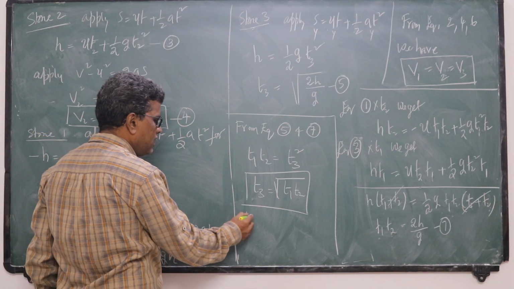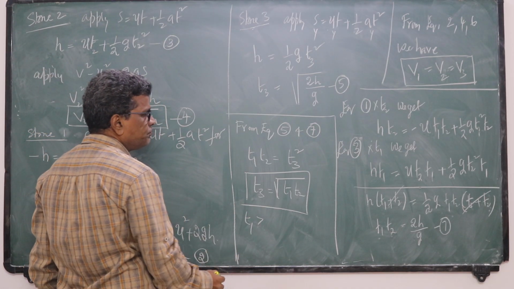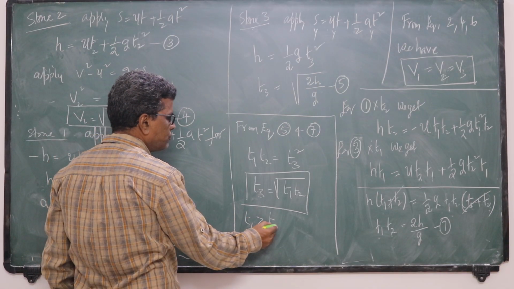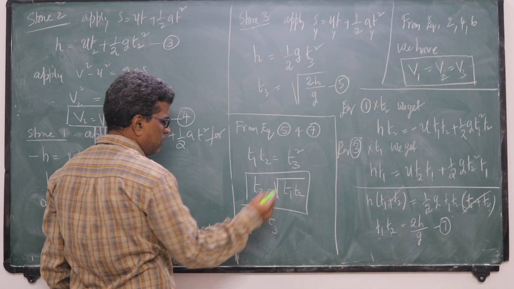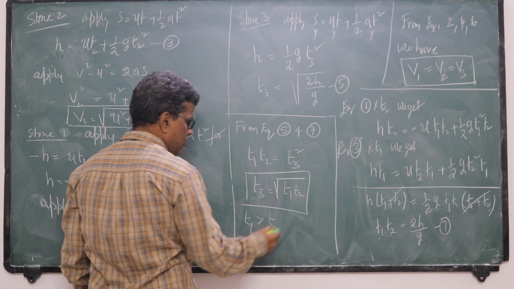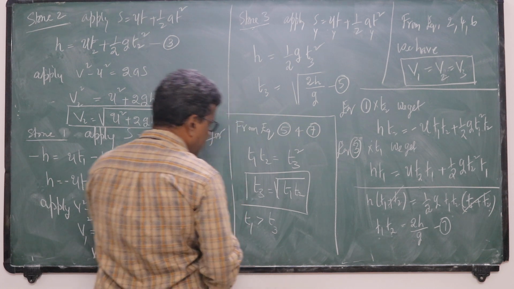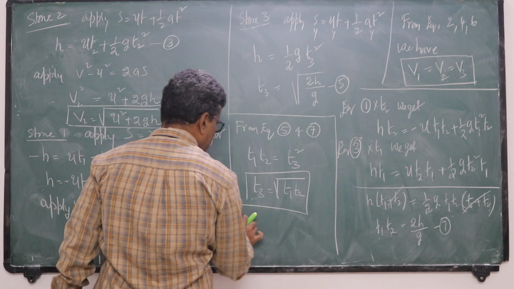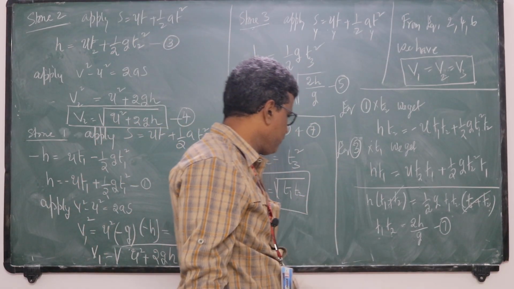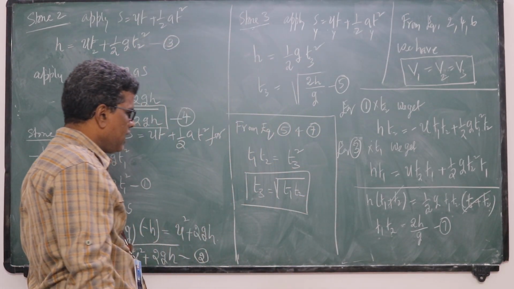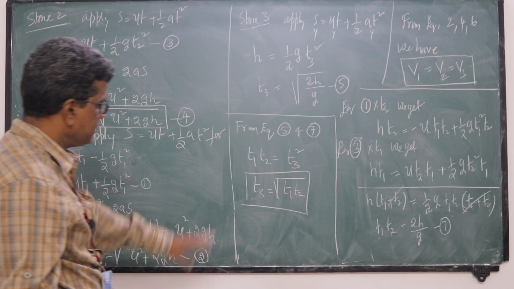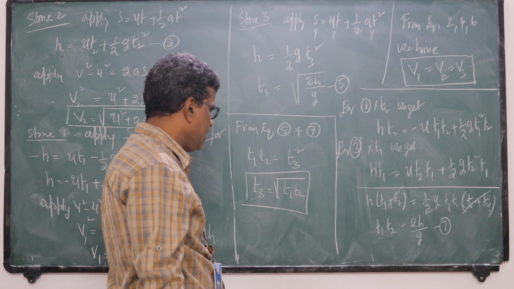And also we can say that T1 is greater than T3, and T1 takes more time to reach the ground, definitely. T1 takes more time and T2 will take less time than T3.